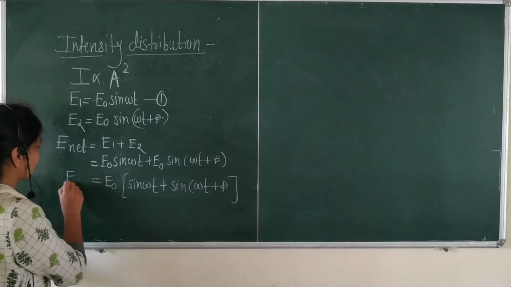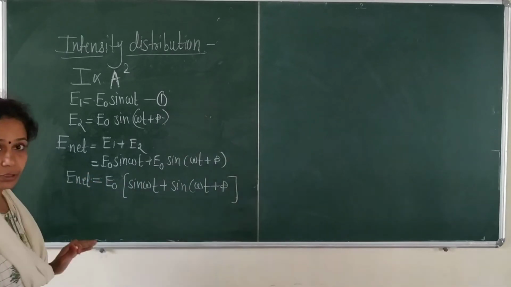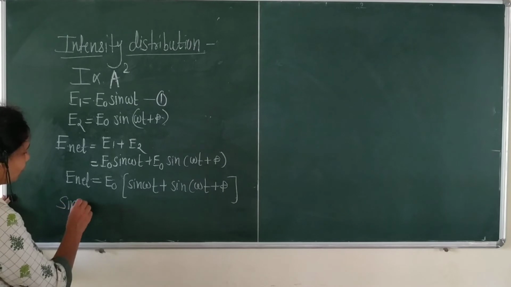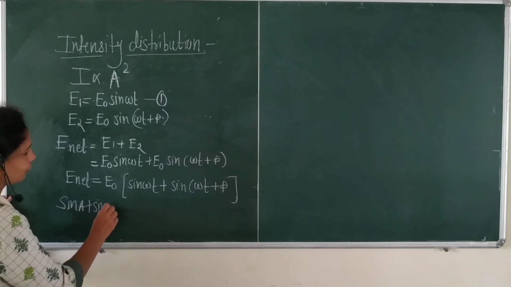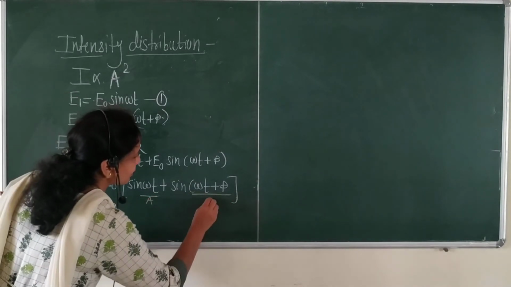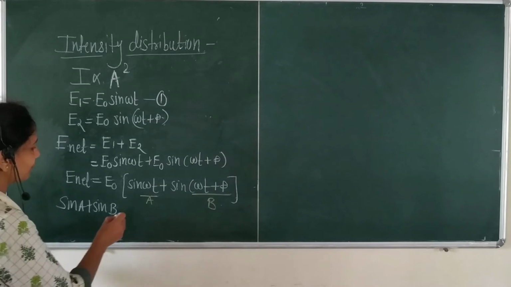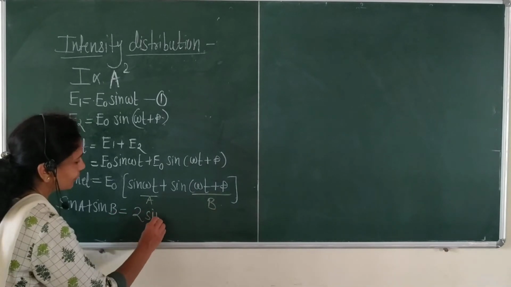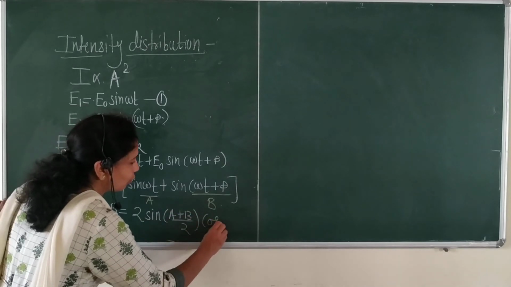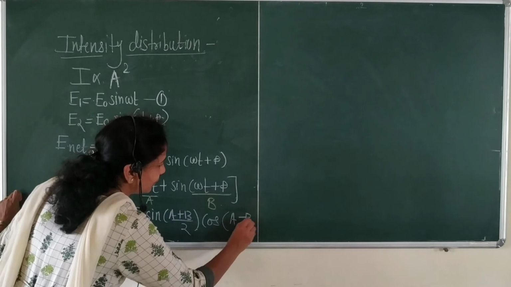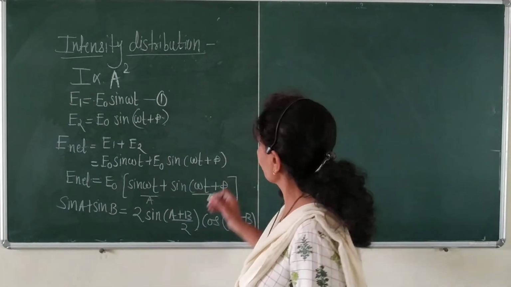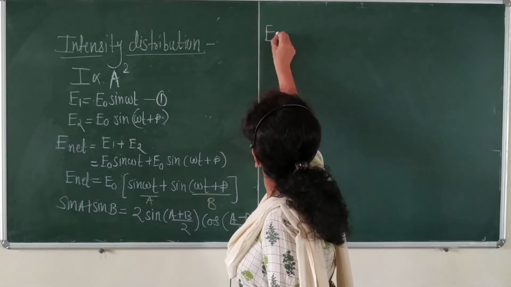Now use the formula for sine A plus sine B, where this is A and this is B: sine A plus sine B is equal to 2 sine of (A plus B) upon 2 into cos of (A minus B) upon 2.